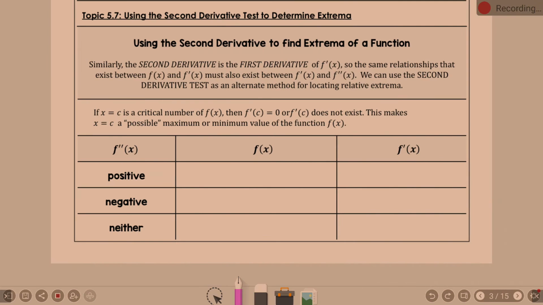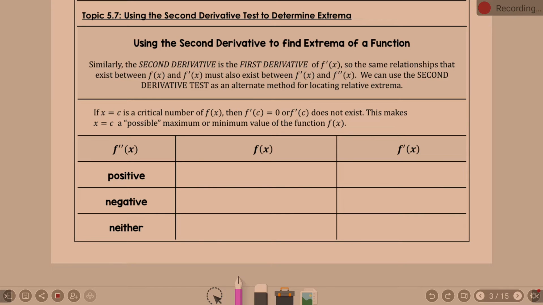So this is a chart that's just at the bottom of the paper. And so there's a lot of connection between your function, your second derivative, your first derivative. So the second derivative is the first derivative of f prime of x. So the same relationships that exist between f and f prime also exist between f prime and f double prime.